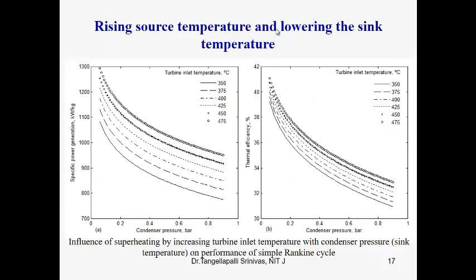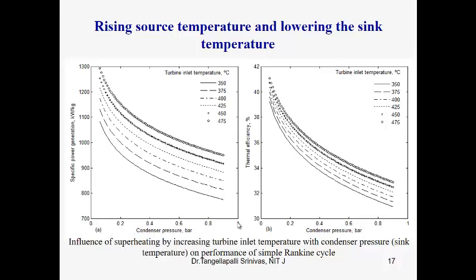Rising source temperature and lowering the sink temperature: Carnot says the source temperature can be increased and the sink temperature decreased to increase the output as well as the efficiency. So drawings A and B are for specific output and thermal efficiency respectively. The drawing shows the influence of superheating, by increasing the turbine inlet temperature, with condenser pressure, that is the sink temperature, on the performance of a simple Rankine cycle.